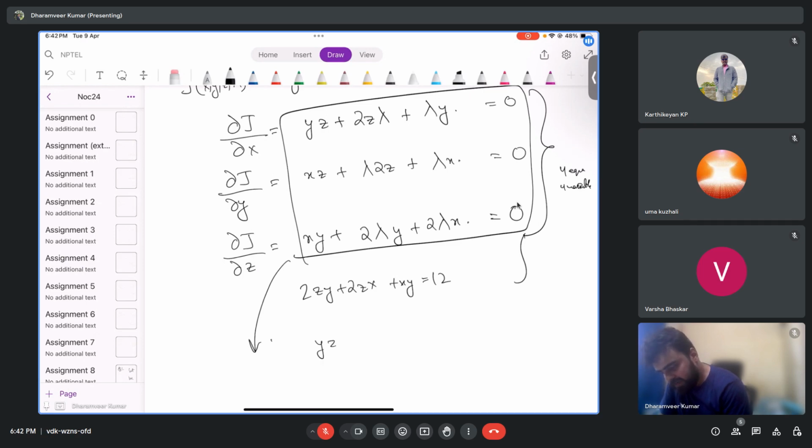So yz plus 2z plus y is equal to, oh sorry, lambda is minus yz by 2z plus y. Okay, leave everything.